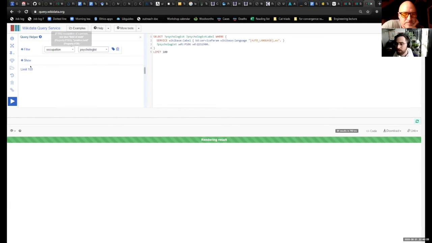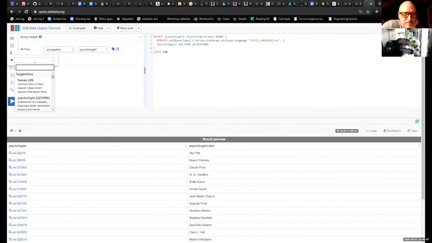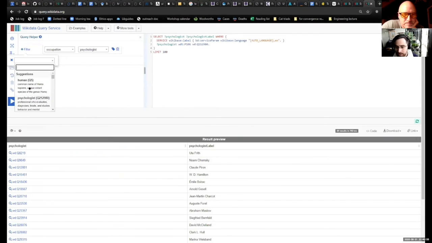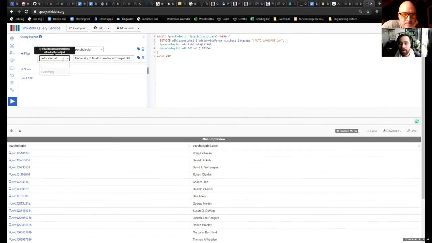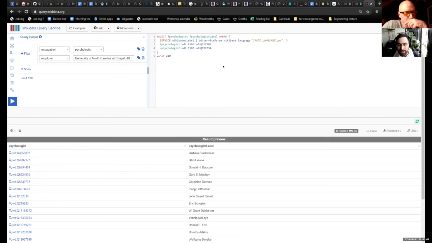So I want people whose occupation is psychologist, and I'd also like people whose employer is that. Yep. So will it work out that I'm talking about the employer? Nope, I don't want educated at. I want employer. Yep, there we go. And it'll build me my SPARQL query, so I don't have to do that.